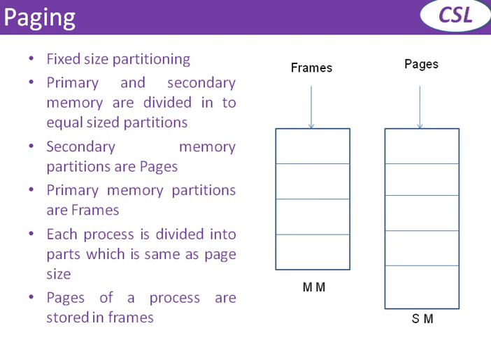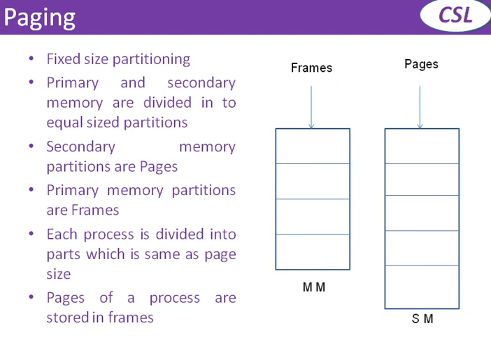So the pages of a process are stored into the frames. That means the process is divided into parts. In the secondary memory we call them pages, and each page is assigned to the corresponding partition, the frame, in the main memory. That is the concept of paging.